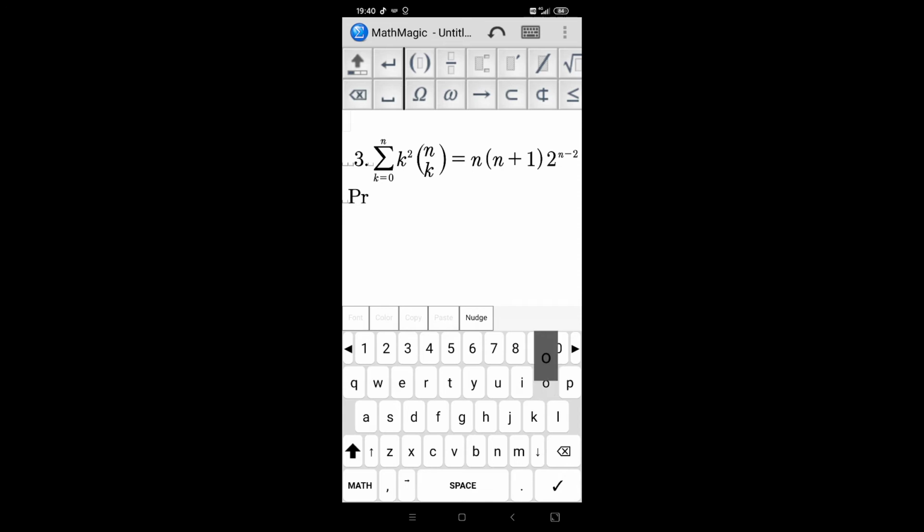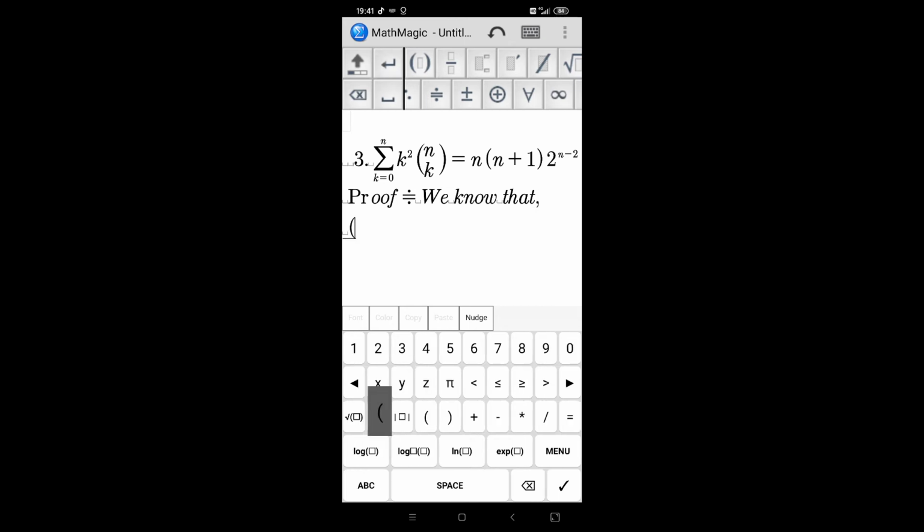So the same logic will be applied here, okay? The same logic as identities 1 and 2 will be used here.